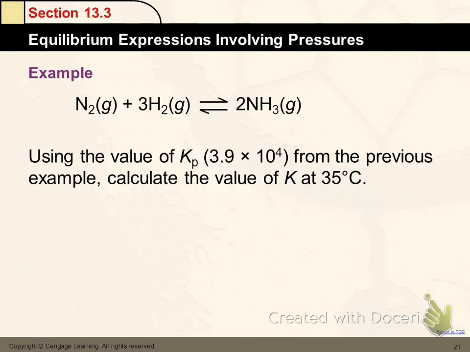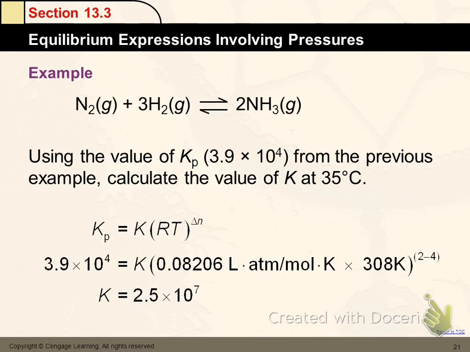Now, using that information, we can then determine what the actual equilibrium constant would be based on the concentrations of these species. So once we plug in our information, 3.9 times 10 to the 4th equals K times our two constants, and we know that we're at 35 degrees Celsius, we come up with our final answer based on our concentrations.